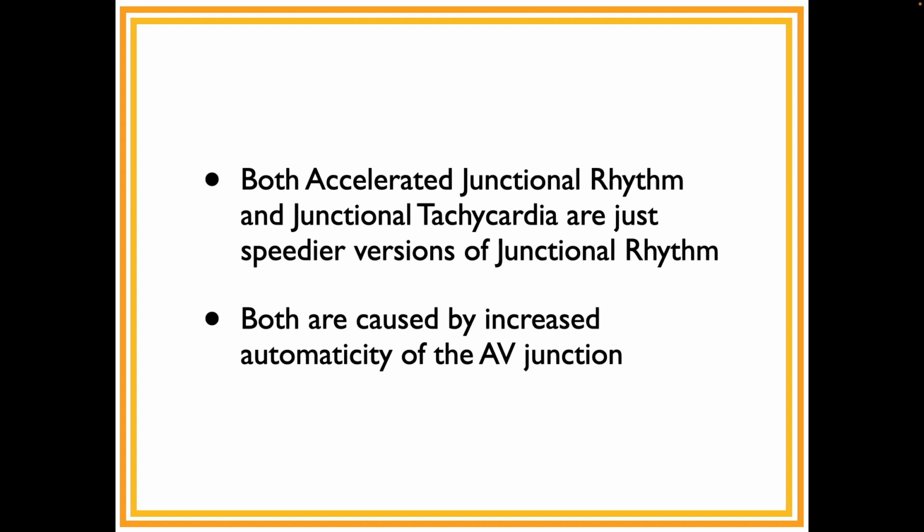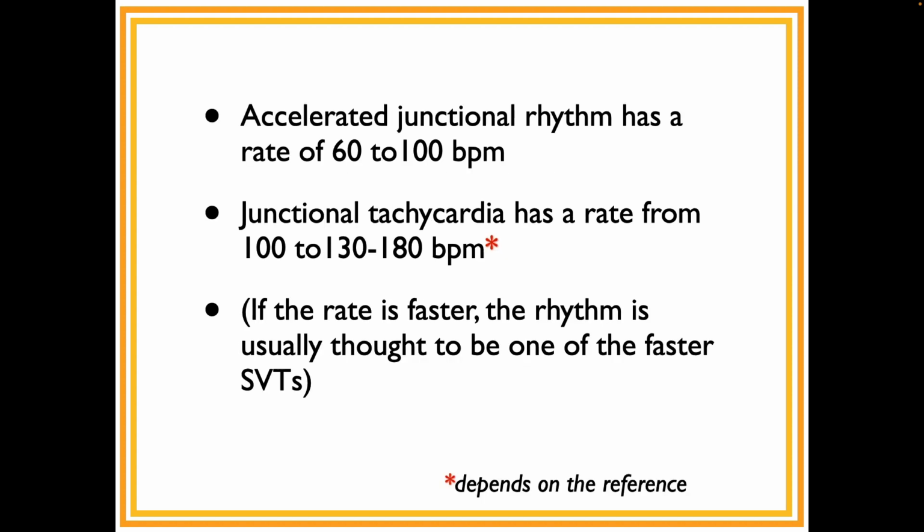So, for example, we learned that the intrinsic rate of the AV node was 40 to 60, but if somebody is in a junctional rhythm, and the tiger comes into the room, your heart rate is still going to go up. You're still in the junctional rhythm, and your heart rate goes up, and that would be an accelerated junctional rhythm.